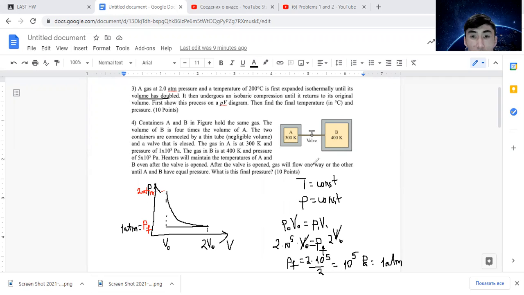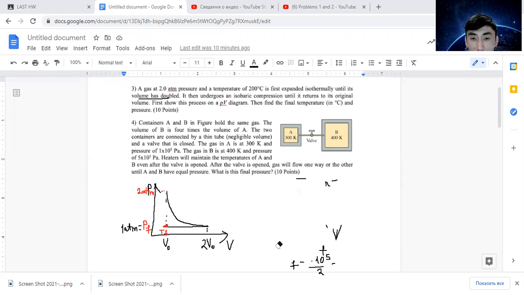And we need to find the final temperature. The final temperature at this point, right? T final. Let's go. This final process is an isobaric process. Let's write the equation for the isobaric process. Here V over T will be constant, right?